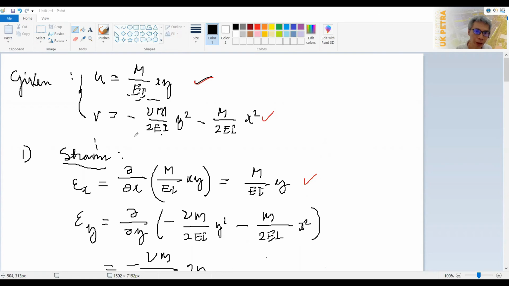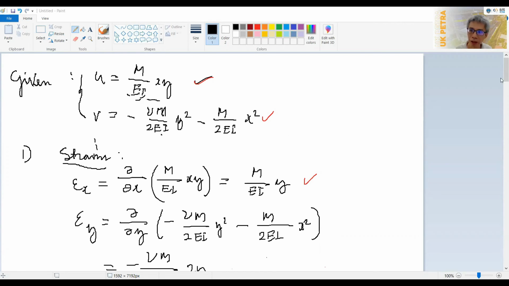So the problem is, given the displacement field u and v: u equals M over EI xy, whereas v equals minus nu M over 2EI y squared minus M over 2EI x squared. I use nu here instead of mu to agree with my notation in my slides.